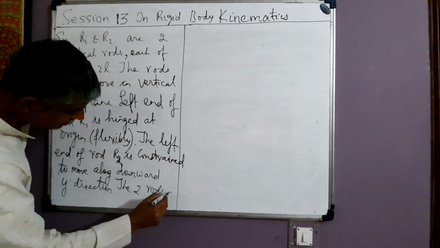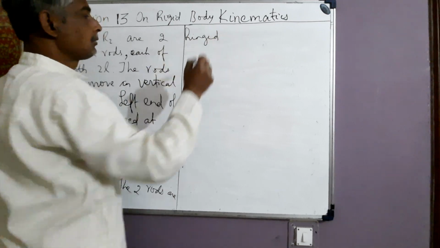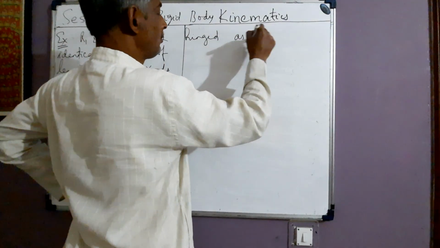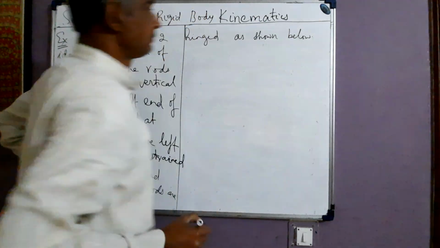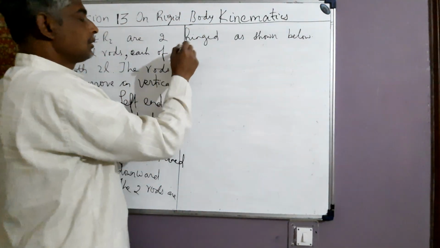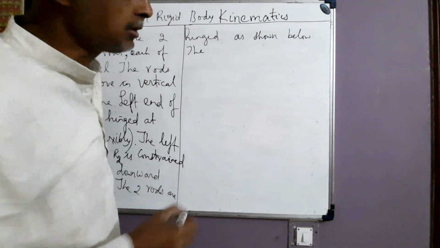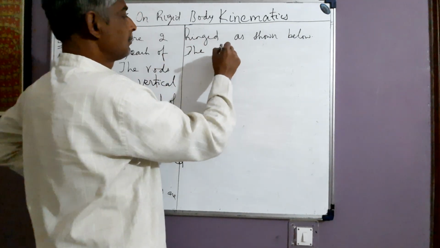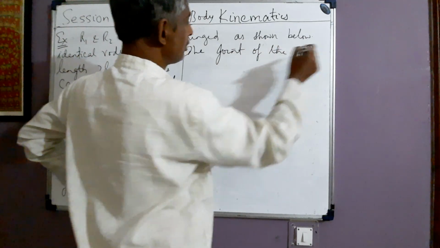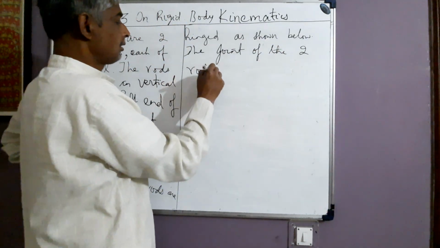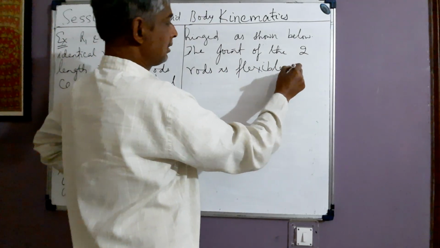The two rods are hinged as shown. The joint of the two rods is flexible.